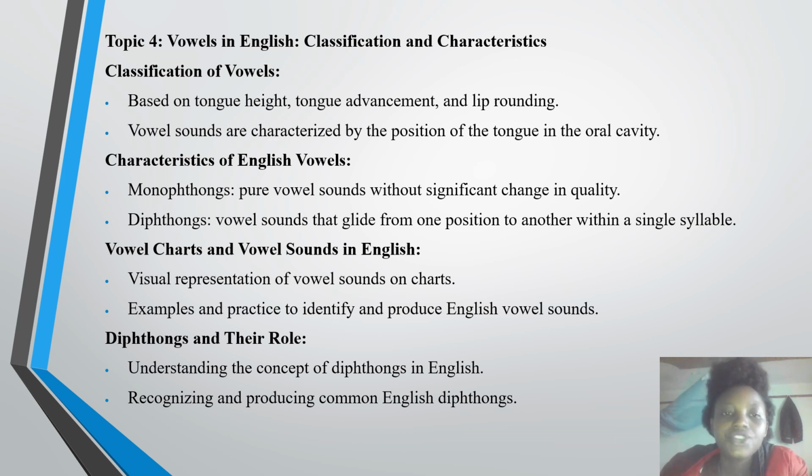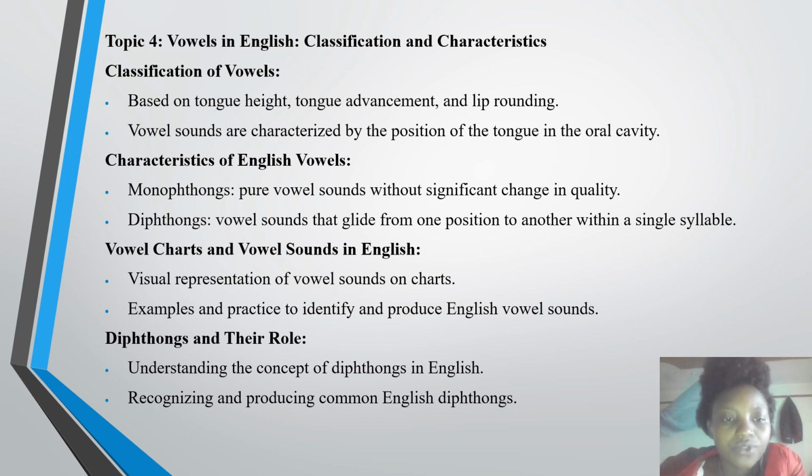Vowels in English: classification and characteristics. Classification of vowels based on tongue height, tongue advancement and lip rounding. Also, vowel sounds are characterized by the position of the tongue in the oral cavity.